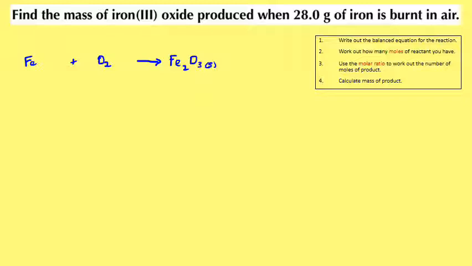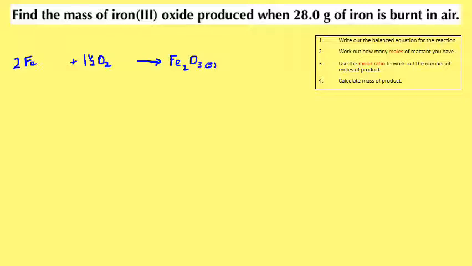So first of all, we need to balance it, and on the right, dealing with iron first, we've got 2 iron atoms on the right hand side, so let's put a 2 up here. So iron is now balanced, and we've got 3 oxygen atoms on the right hand side. So in order to balance that, what we're allowed to do with oxygen and any other diatomic molecule is write 1.5 here.